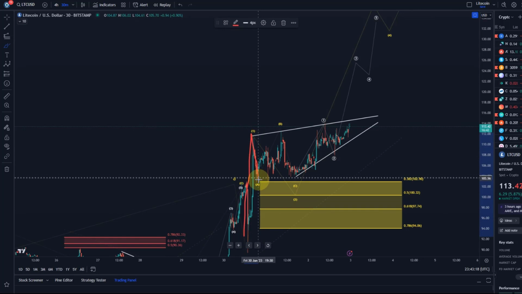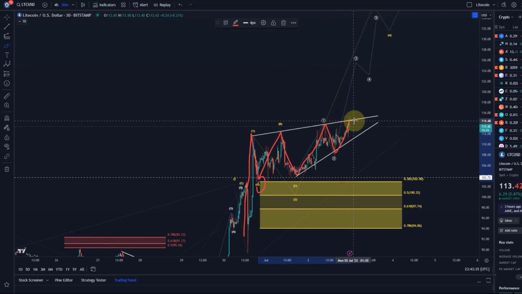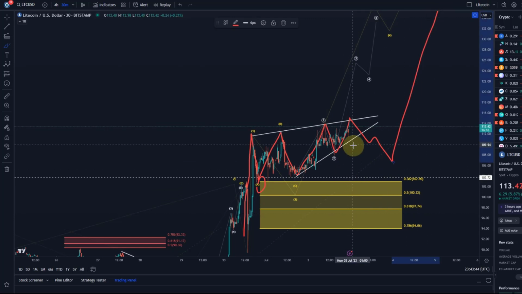This was already the wave 2 here on Friday, and all of this move to the upside is still this circle wave 1 as a leading diagonal. 1, 2, 3, 4, 5 in circle wave 1, and then we come down once more in an ABC structure. This is something I would pay attention to, that this could happen and then it takes off. So again, maybe don't have your stops too tight here. Leave them a bit more space, but that's up to you how you want to manage that.